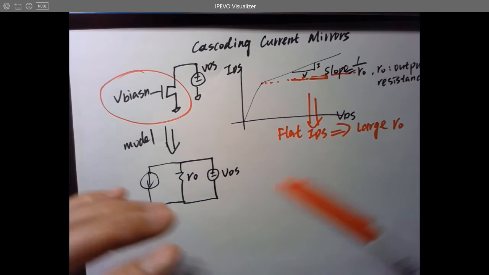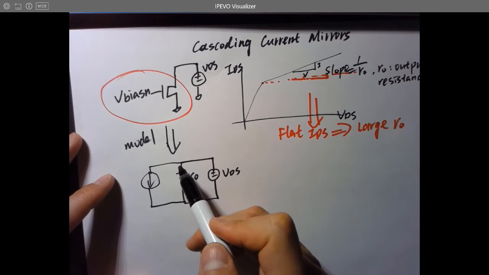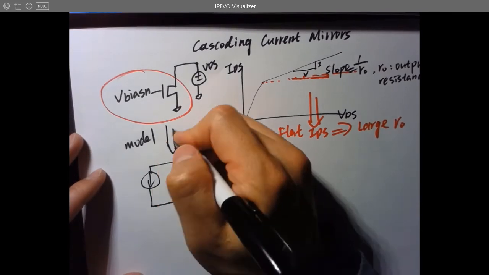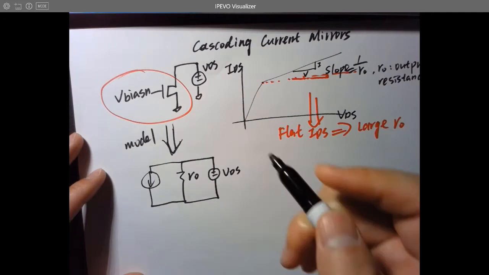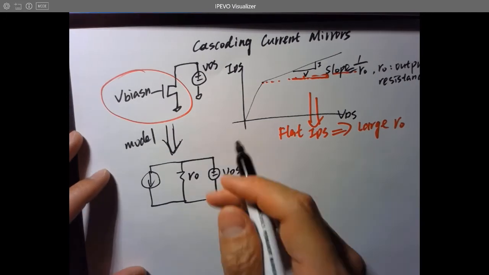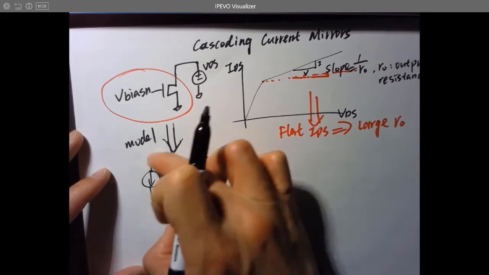You may want to ask, why can you model a current source in parallel with the output resistance? I think the better way to understand this is to think about just injecting a voltage or a current into this part.